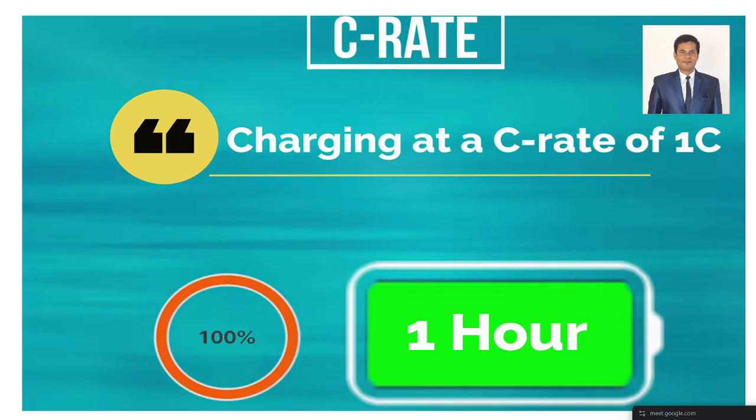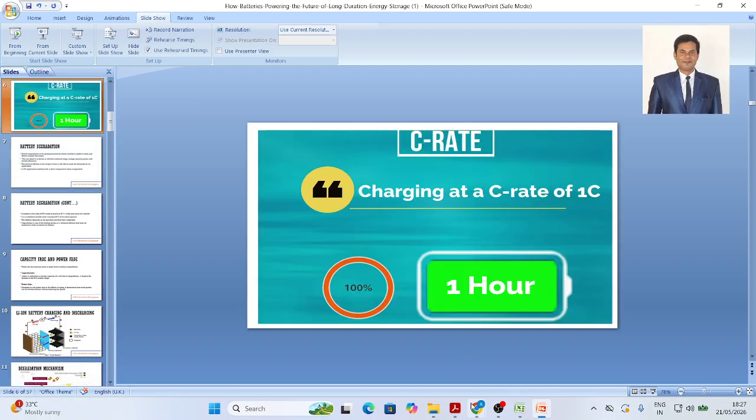Here you can see charging at a C rate of 1C. It says that in 1 hour, the battery is charged to 100%, so it has taken 1 hour to charge fully. Sometimes it takes 2 hours, for example, for a C rate of 2C.